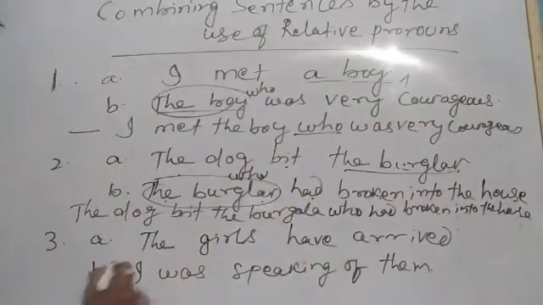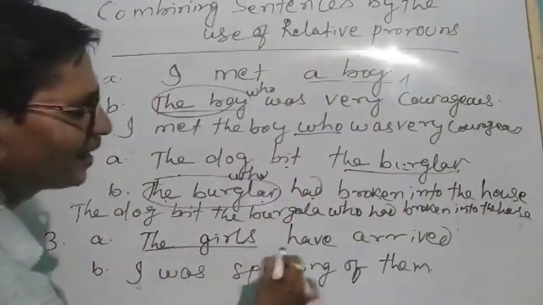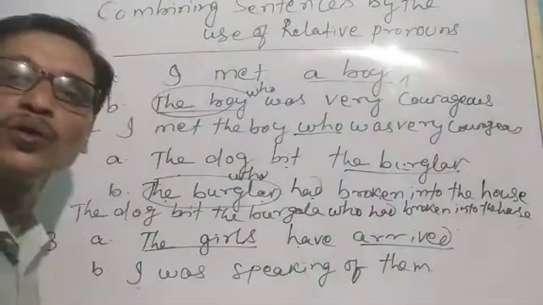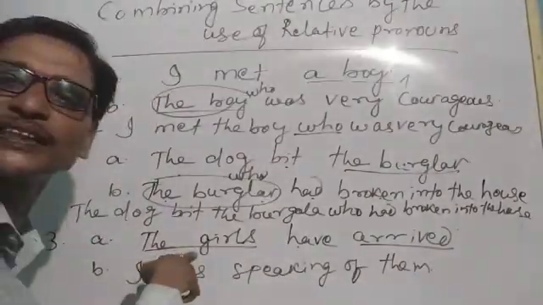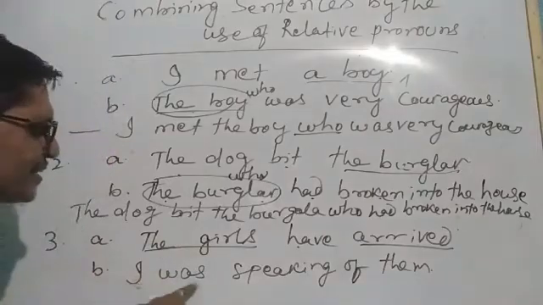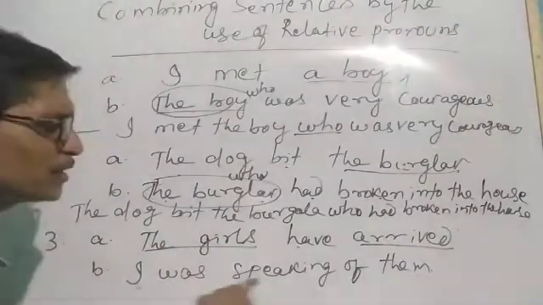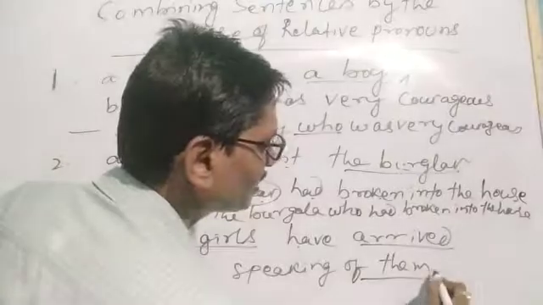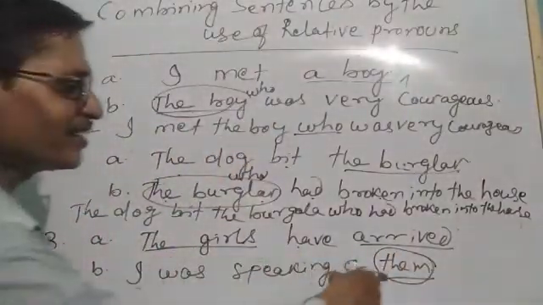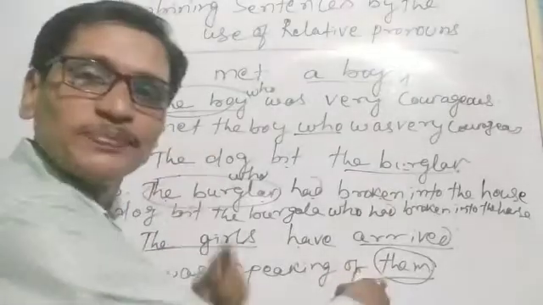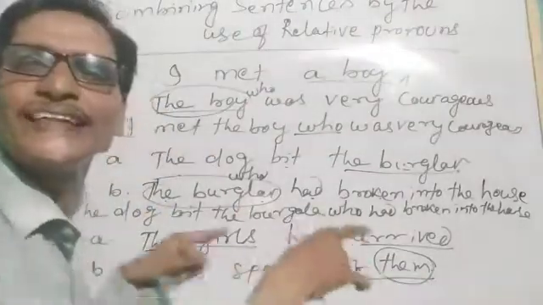Okay, so here the girls have arrived. Who have arrived? The girls, a plural subject. Next is: I was speaking of them. Here them means who? Them means the girls. Here it is used as an object.